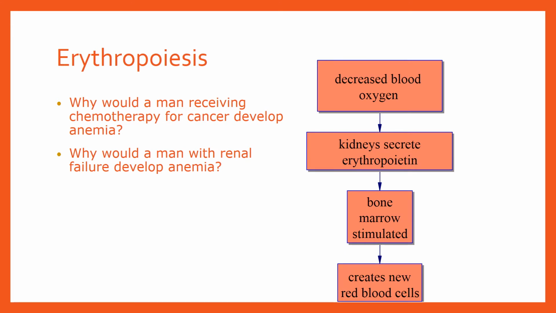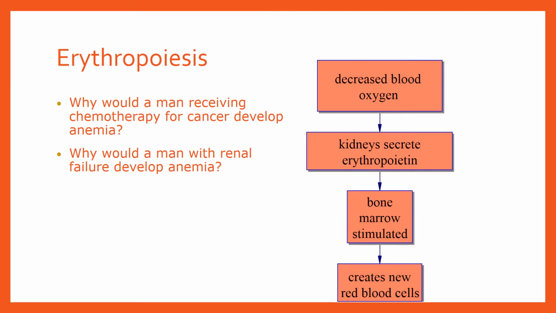Let's talk about production of red blood cells and how it happens. When the blood has a consistently low oxygen level, it signals the kidneys to start producing erythropoietin.